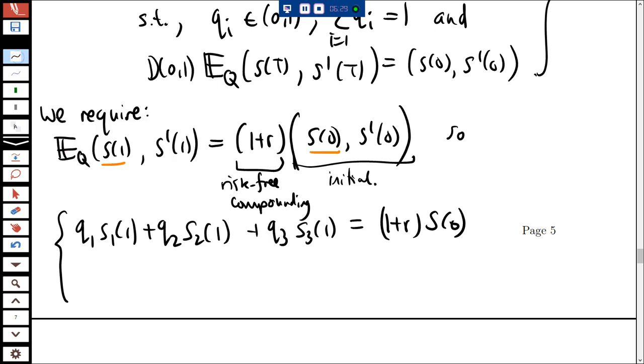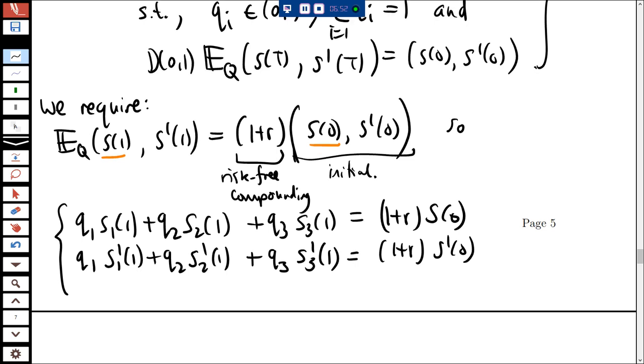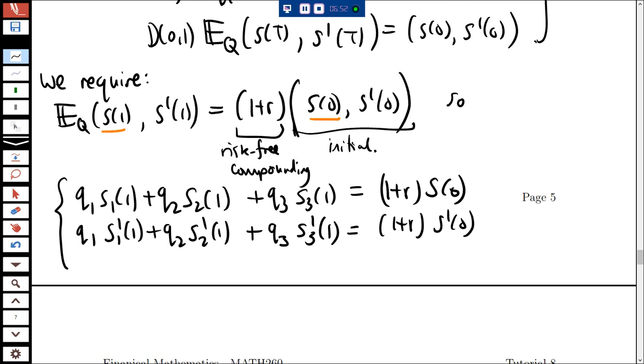Now in the second component we should have Q1 S1 dash, Q2 S2 dash, Q3 S3 dash, all equal to 1 plus R times the initial share price for the stock market containing S dash.